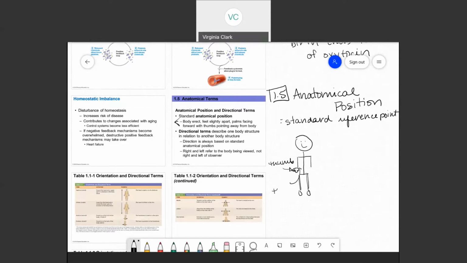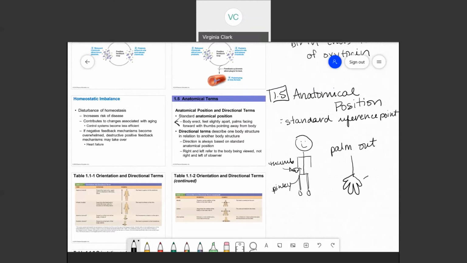If you were to stand in a very natural, relaxed position, your arm would fall like this, and essentially you would just be seeing the side of your hand with your finger sticking out. That was a very bad drawing, so we're just going to erase that. But with anatomical position, you are standing with your palm out. So your arm will actually look like this.